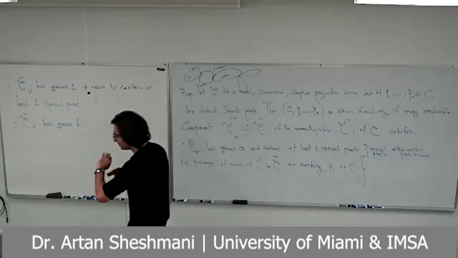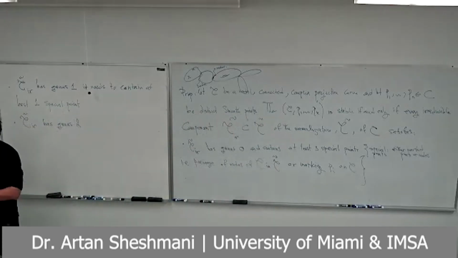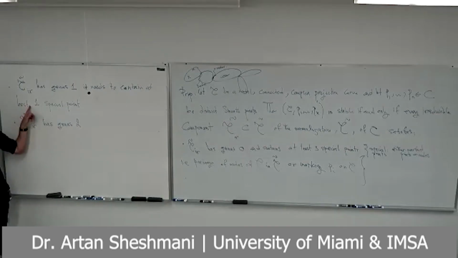The point we need to be careful about is the genus 0 ones and the genus 1. Not every genus 0 curve has finite automorphisms, but if it has 3 special points, that restricts the automorphism group to be finite. And if it has genus 1, it needs to have at least 1 special point on it, so that you cannot just randomly and freely map it to itself any way you want. As soon as you need to make sure that this 1 point is fixed, that gives you finitely many possibilities.